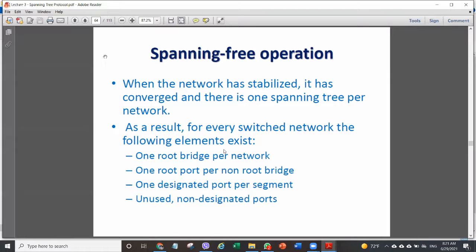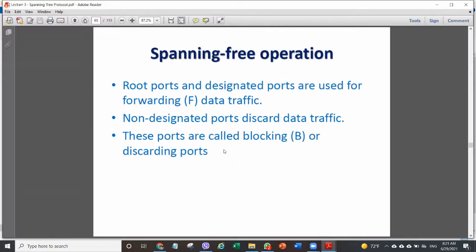Right? We followed that. Unused non-designated port. Non-designated ports are not used. So those steps, that understanding is with you now. Root ports and designated ports are used for forwarding data traffic.